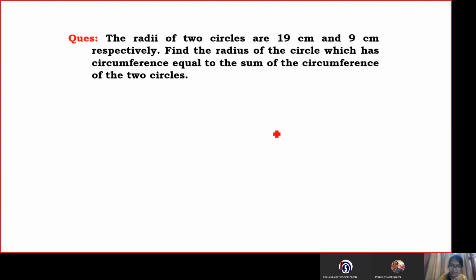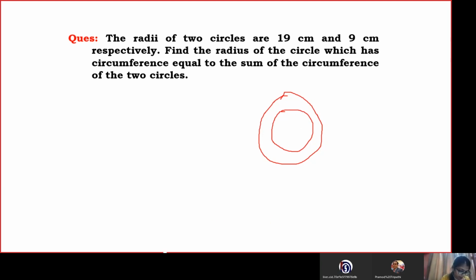So suppose I have a circle, and I have another circle, right? Now, I'm sorry for drawing this kind of a figure, but this is all I can do right now. A circular flower bed is surrounded by a path 4 meters wide. Now, path means this path they are talking about. So, this length is 4 meters.